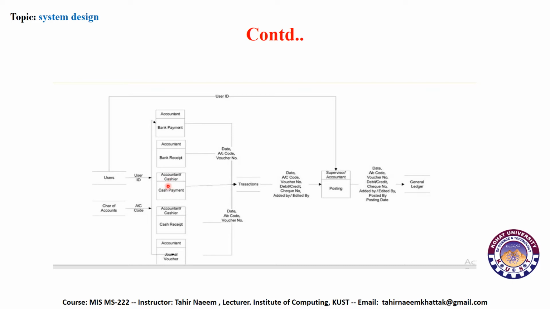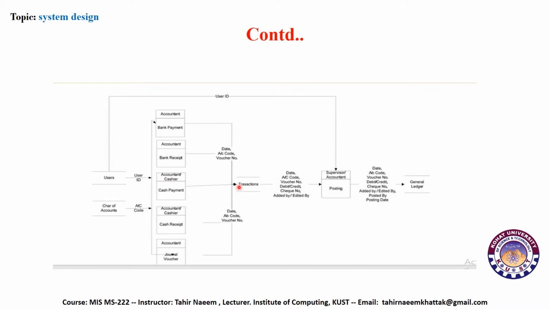Whenever he logs into the system, the following things will be visible to him: account cashiers, cash payment, how much cash is paid, bank receipt, he can print out a bank receipt, accountant, bank payment, how much payment is made to bank, cash receipt or accounting or general voucher. So these options will be available for the user.